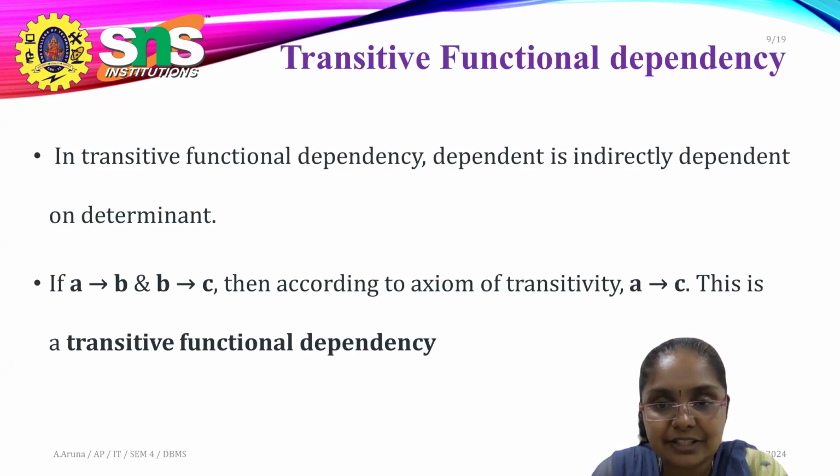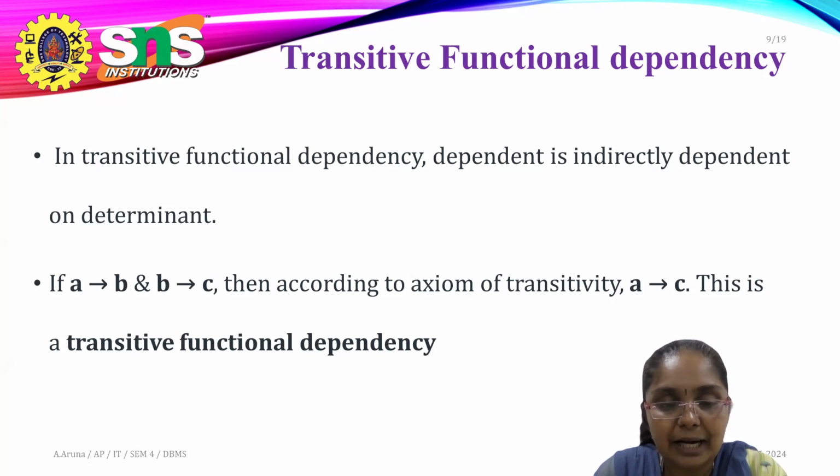The next one is transitive functional dependencies. It is indirectly dependent on each other, and that can be called a transitive dependency. This is the definition: in a transitive functional dependency, the dependent is indirectly dependent on the determinant.